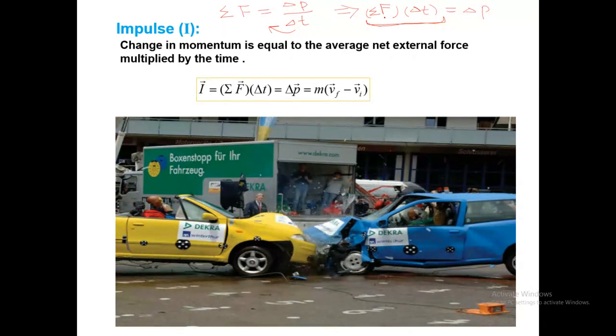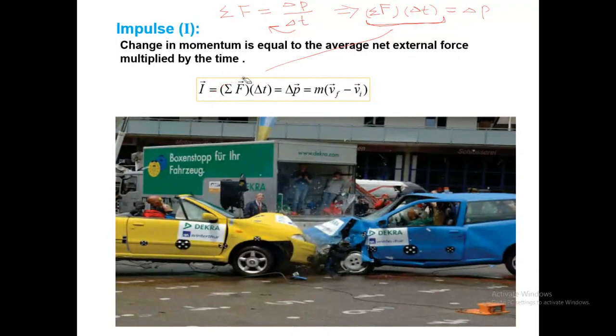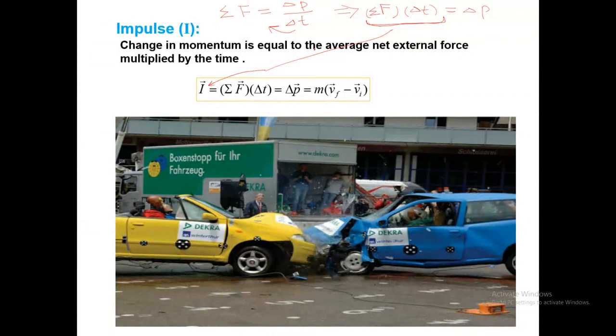So this multiplication of force and time interval, we call it I. Okay, this is I. So F multiplied by time interval, we call it impulse.